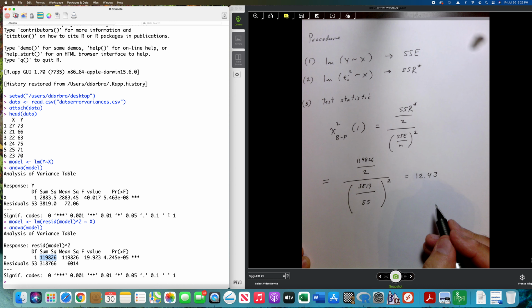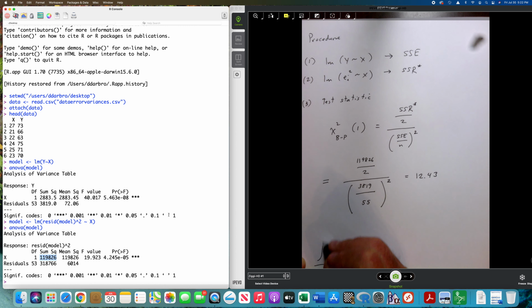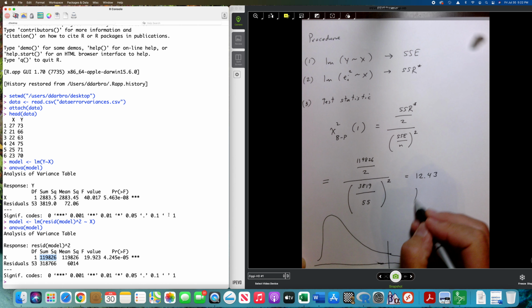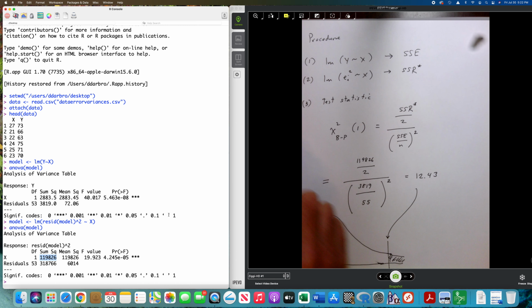And so now I need to calculate the p-value. So remember, guys, the chi-square distribution is a right-tail distribution, so I need 12.43 there, and I need the area to the right of 12.43. Well, that's going to be super easy to get. I just need to take pchisq of 12.43 with degrees of freedom 1.